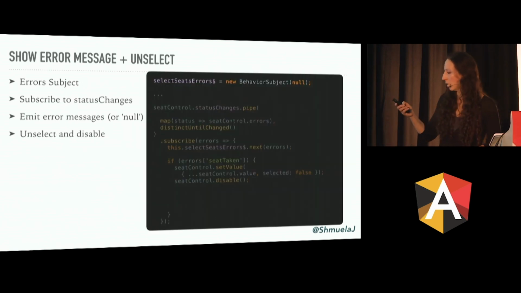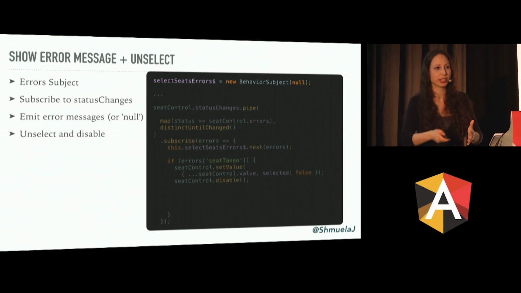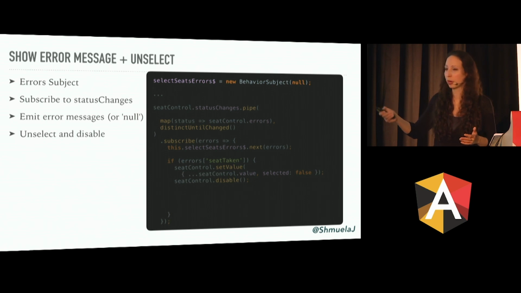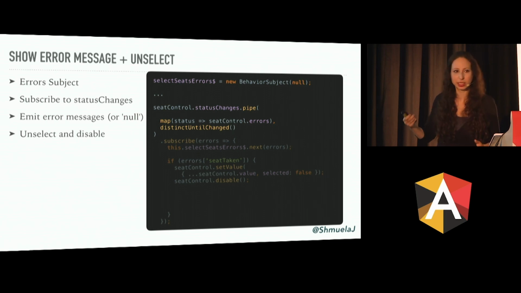Okay, so I created a new behavior subject for the errors, and I want to emit an error whenever there is an error. This subject is global on the service, and this is an observable. Now, when I create the seat control, I listen to its status changes, and I map them to get the errors.